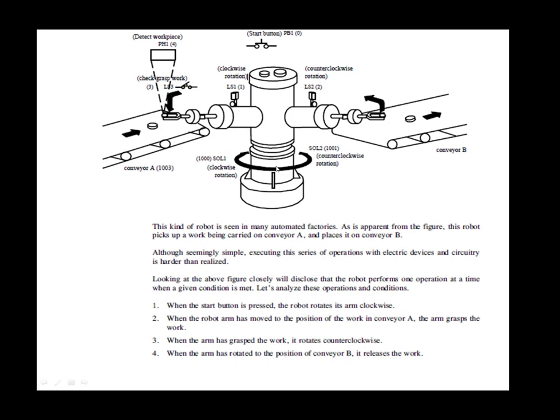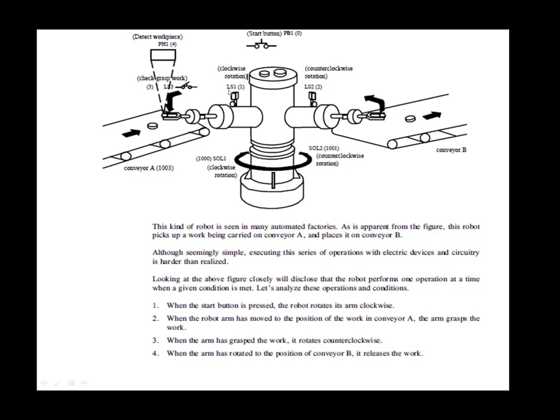Now how long should it keep moving clockwise? Definitely, until it reaches the conveyor A position. As I told you, there is a sensor LS1. There's a cutoff point for clockwise rotation, and that is LS1.